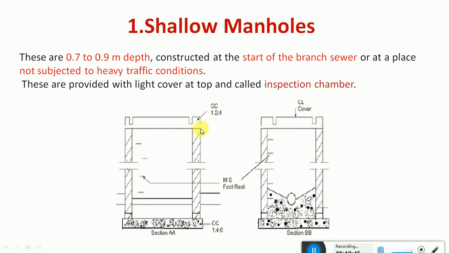Nowadays cast iron covers are not usually used, so we use the cement concrete cover. We provide footrests at a spacing of around 250 to 300 mm to facilitate a person to ascend or descend into the manhole for cleaning and maintenance purposes. This is called a shallow manhole.